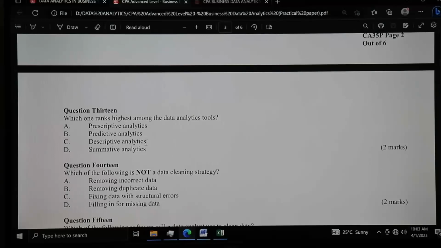Removing duplicate data is something that must be done. Fixing data with structural errors still involves data cleaning. But filling in for missing data, I will probably say we cannot prioritize it as a data cleaning strategy.